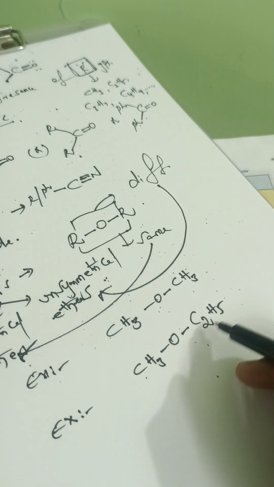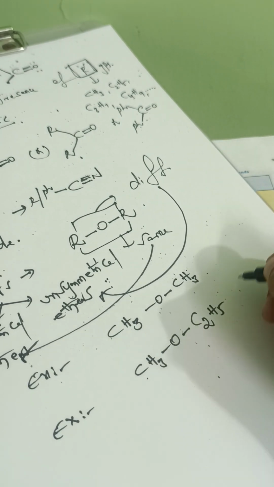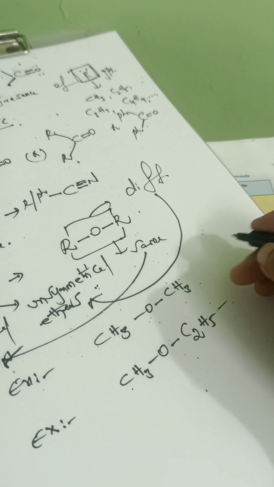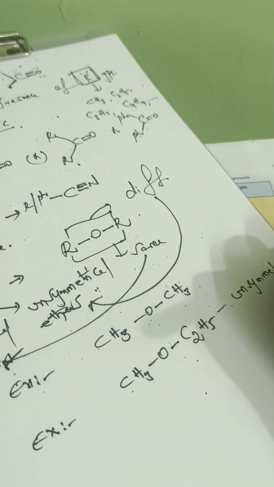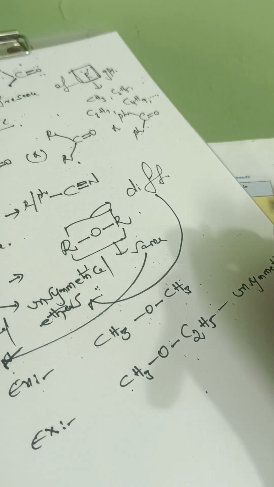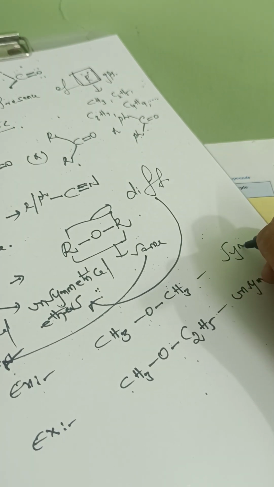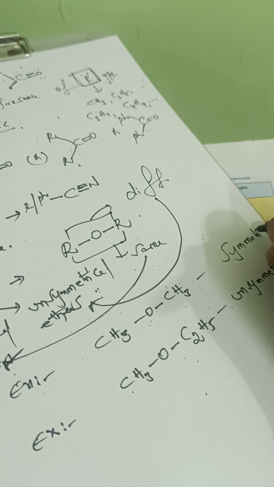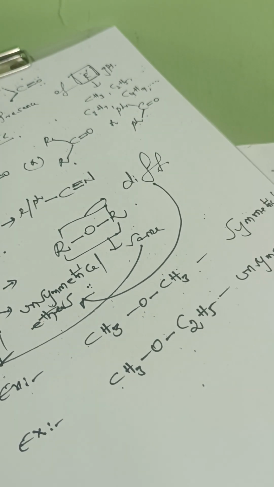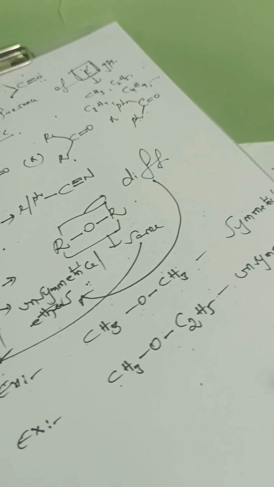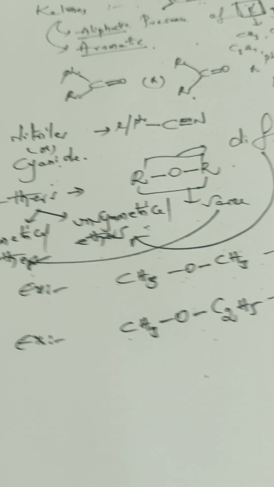Both the alkyl groups are different, so this will come under unsymmetrical. So here you can have different types, symmetrical ethers and unsymmetrical ethers.